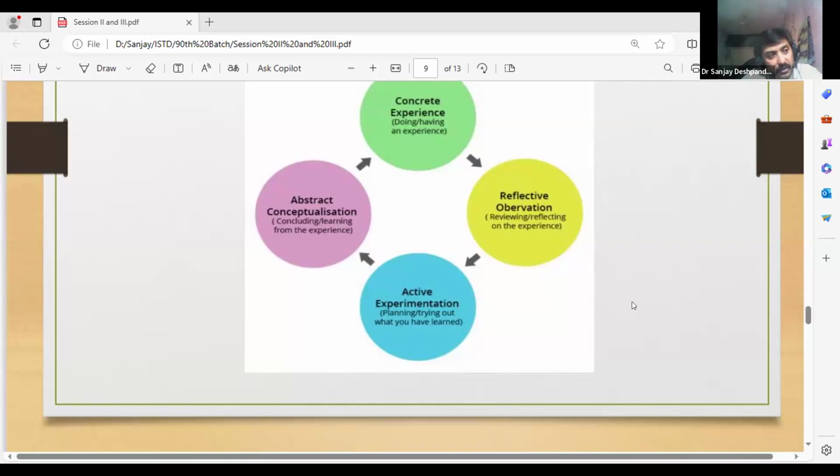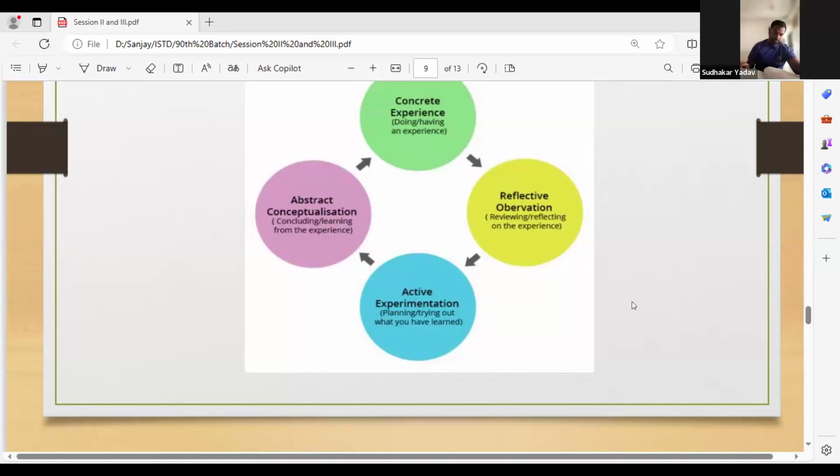There was a bicycle parked. You just take it away, you fall, you get up, you fall. Trial and error method. So whenever there is learning through experimentation, that's called active experimentation.